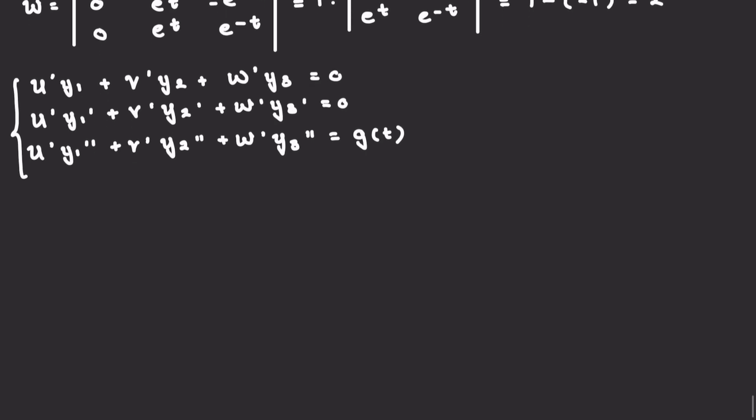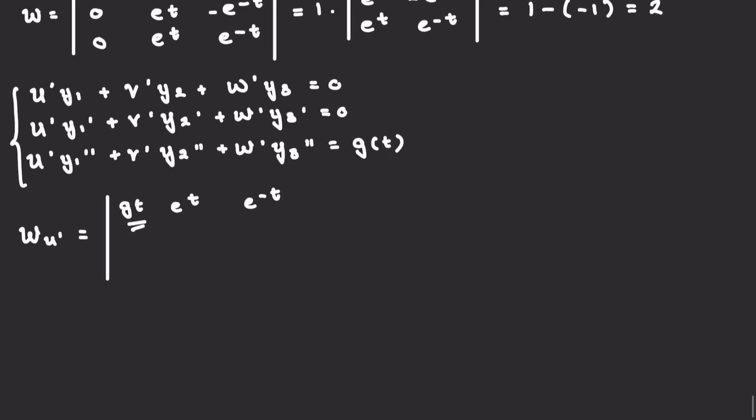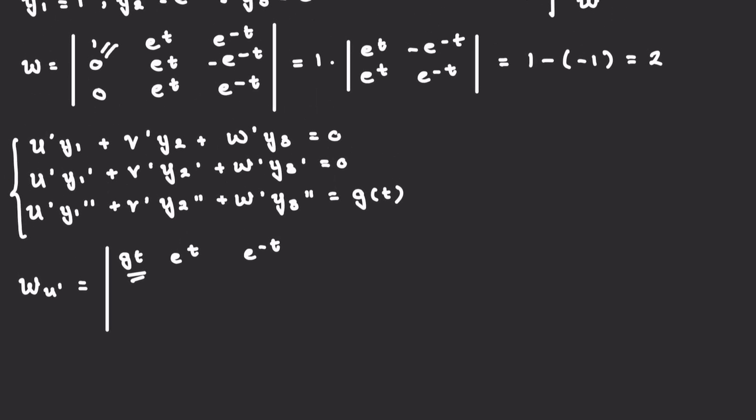So by doing that, let's calculate our first Wronskian, which is for our u prime here, the 3 by 3 determinant of 1, e to the t, e to the negative t. You all may be wondering what's 1 here; actually this is not 1, this is 9 of t. You may be wondering why I didn't put 1 here instead of 9 of t, because we have a 1 in our Wronskian right here.